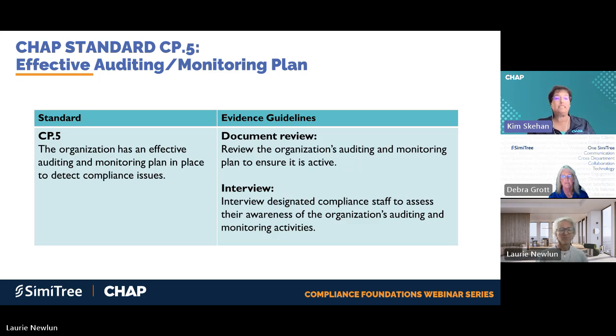When Lori talked about independent auditing, this is extremely important because often organizations believe that their auditing takes place internally with the same staff or the direct managers who are reviewing the records and documenting in the records on a daily basis.